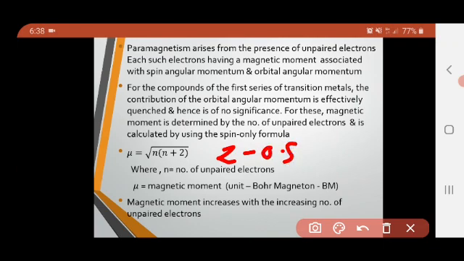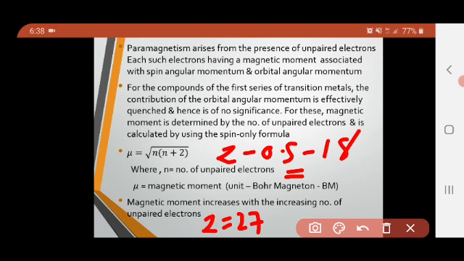oxidation state minus 18. So this will give you the number of unpaired electrons. For example, if atomic number Z is 27 is given, then how do we calculate the number of unpaired electrons or the mu value?